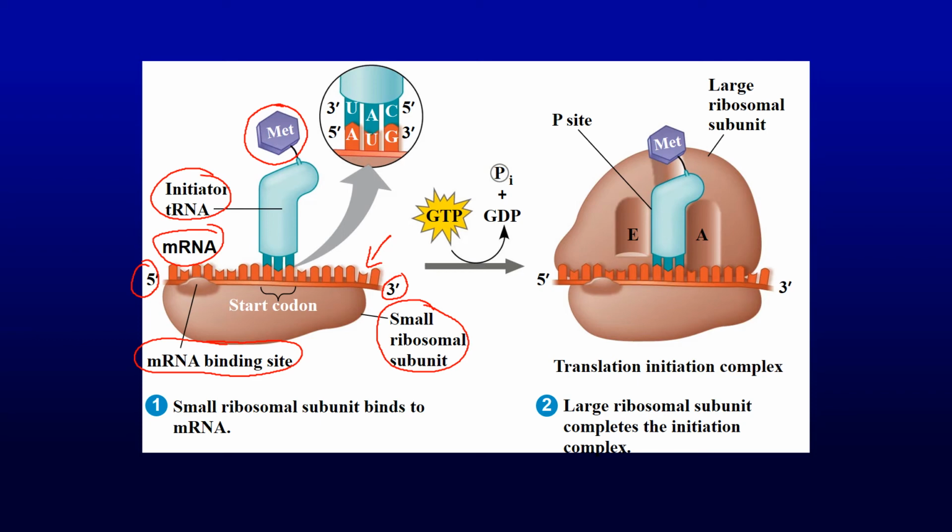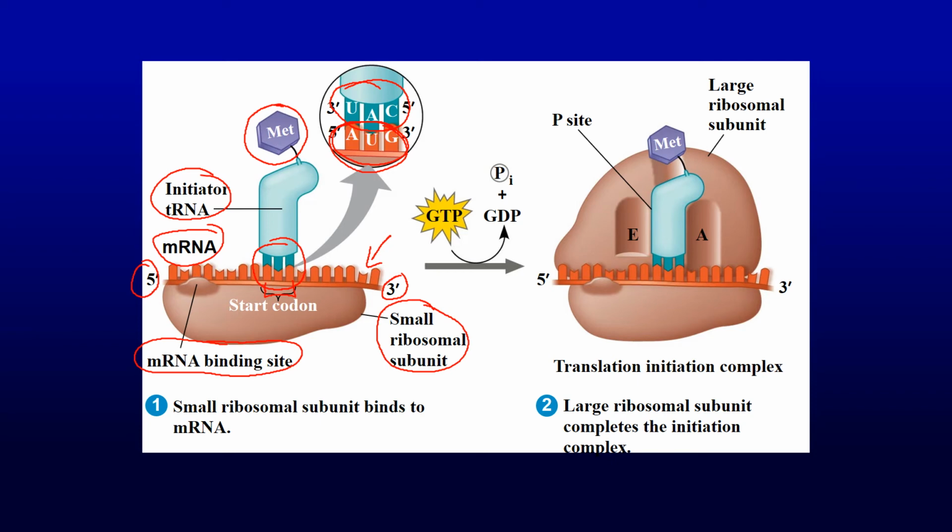And it binds there because at this location on the messenger RNA is a start codon. Now the start codon has that sequence there of AUG. And the initiator transfer RNA has a complementary anticodon, UAC. So there's a codon-anticodon match just there.